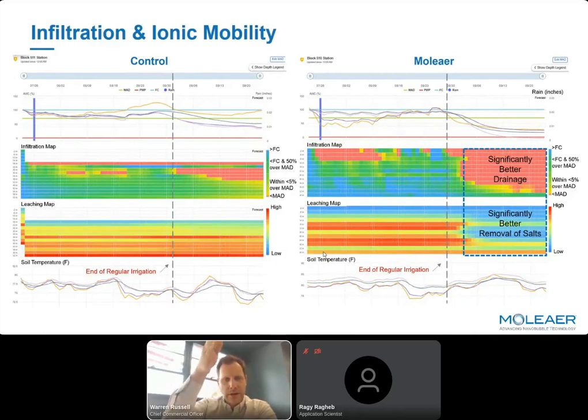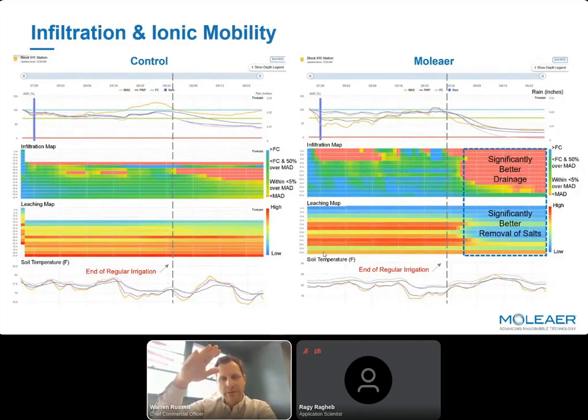And that gray dotted line is when we actually stopped our irrigation. And what you can see on the nanobubble treated side is not only a more efficient drain down, so you can see that water now not being inhibited by a compaction zone, draining very nicely through that soil column, but also, most importantly, its impact on the mobility of the sodium salts, which we're particularly focused on.